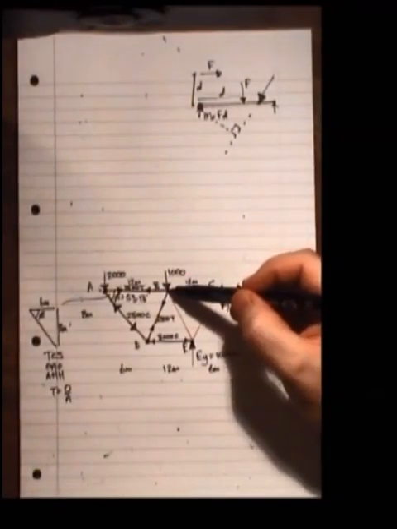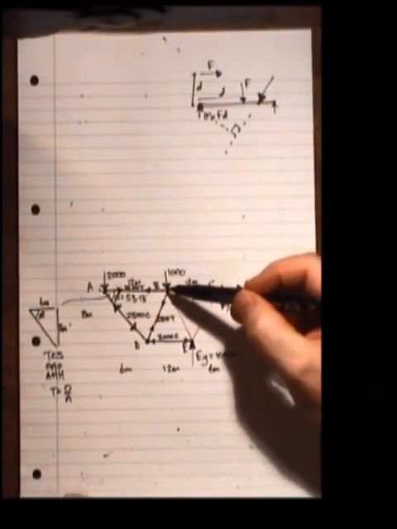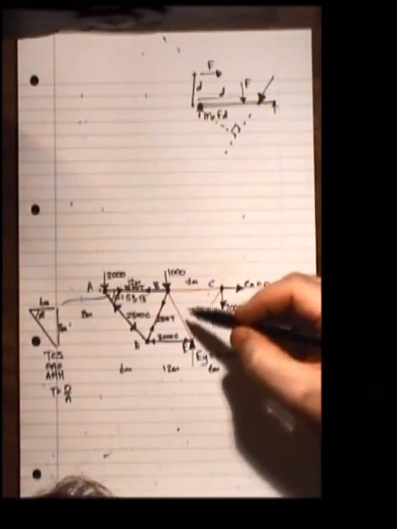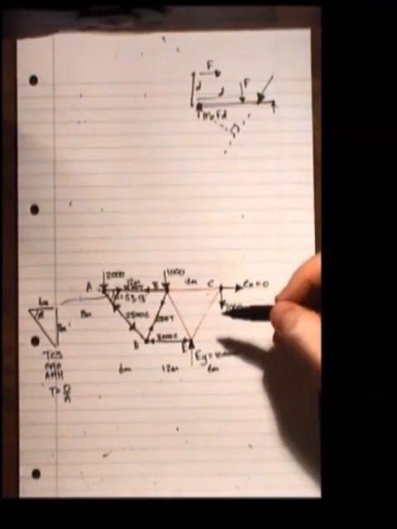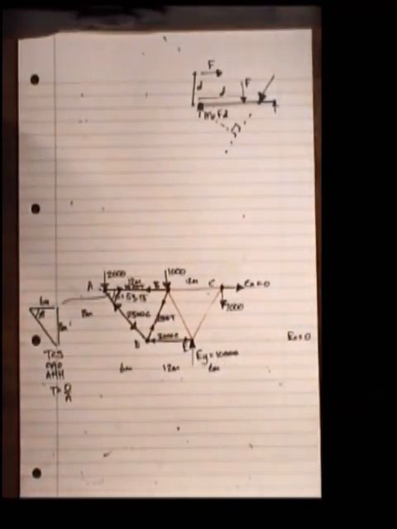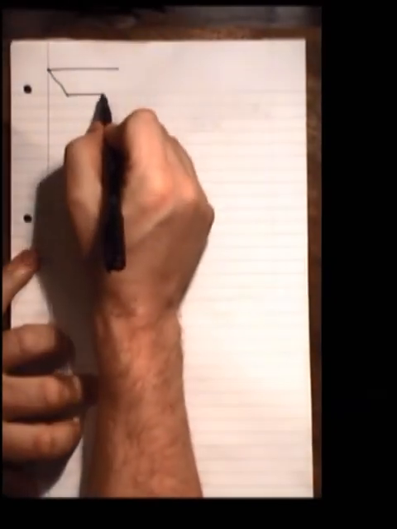Now we could move to B because we've got two unknowns, BC and BE, or we could move to E because we could work out BE and AC. We'll move to joint B next. Okay, I'll just draw my diagram out again, just quickly.